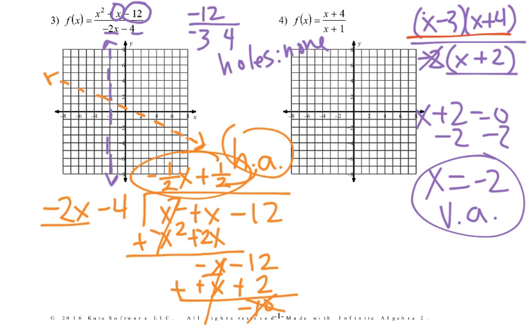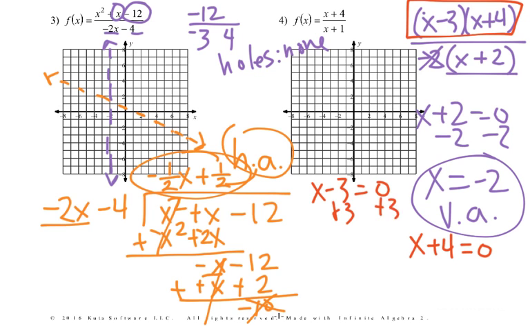To get my x-intercepts, I take these two factors, because I know it's either going to look something like this and this, or this and this. Those are really my only two possibilities. You're never going to have this and this unless you have more than one vertical asymptote. So we've got x minus 3 equals 0 and x plus 4 equals 0 for my x-intercepts.